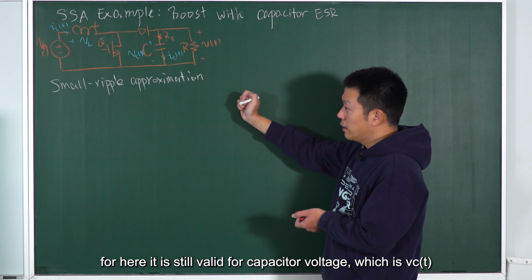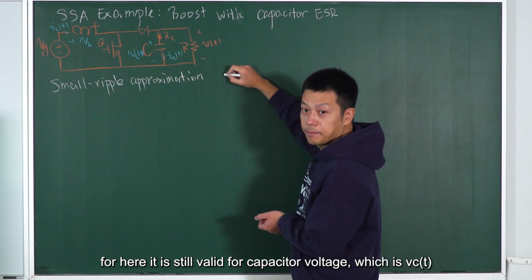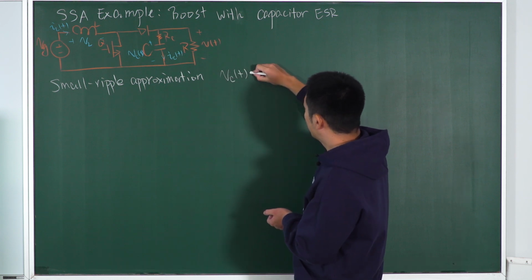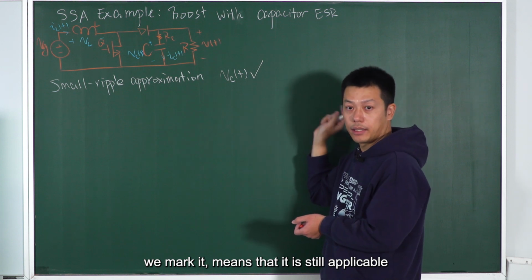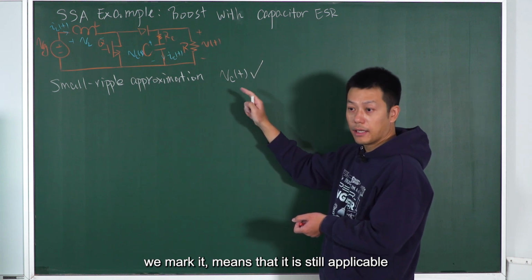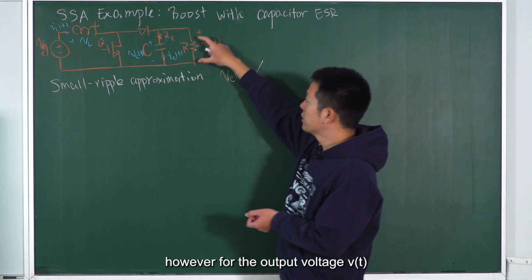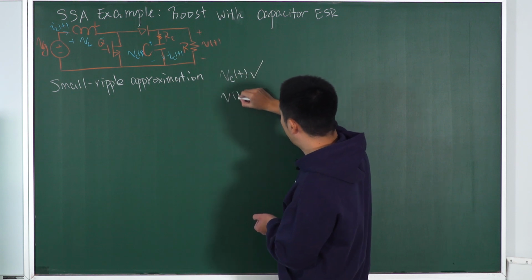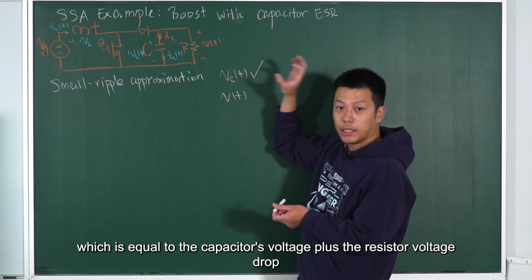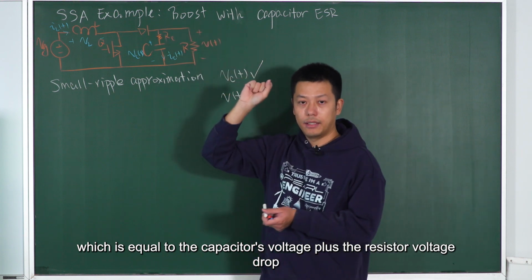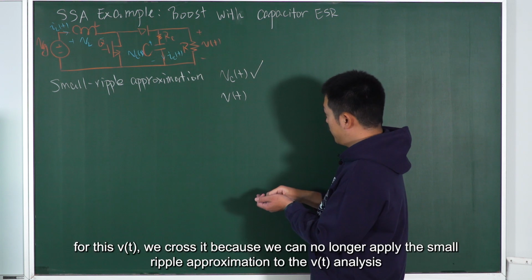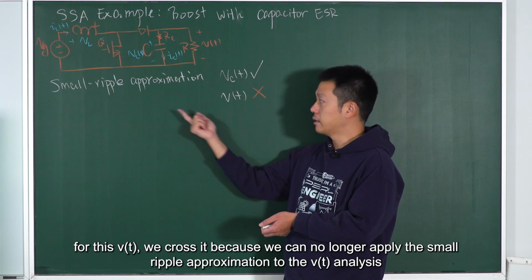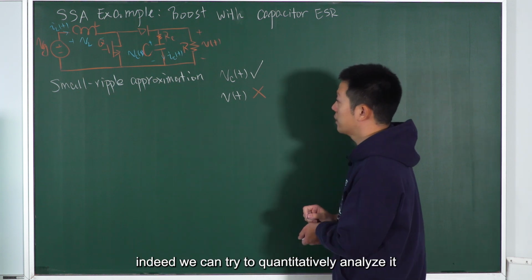Here, it is still valid for capacitor voltage, which is VC. We mark it, meaning that it is still applicable. However, for the output voltage VT, which equals the capacitor voltage plus the resistor voltage drop, we cross it because we can no longer apply the small ripple approximation to VT.